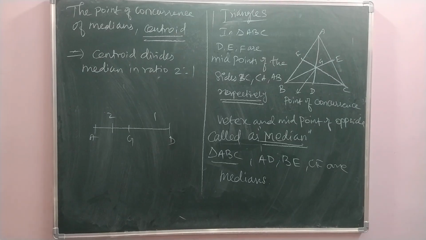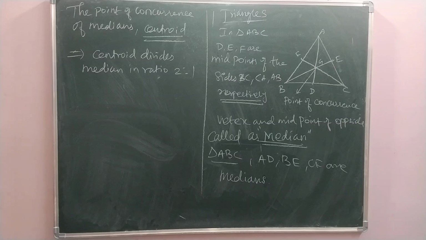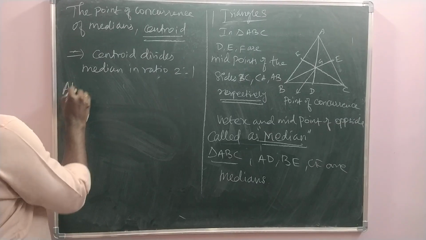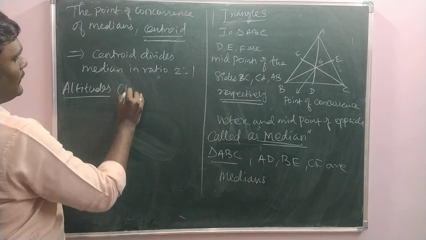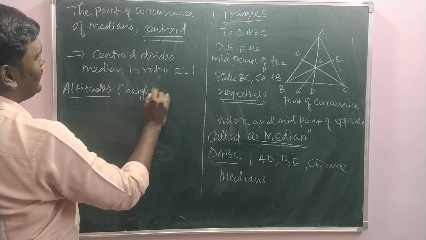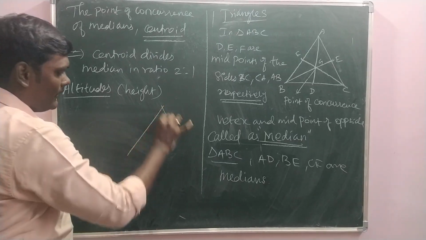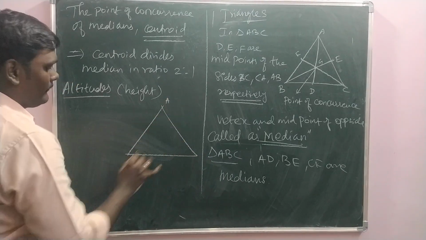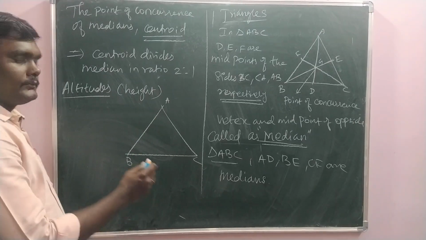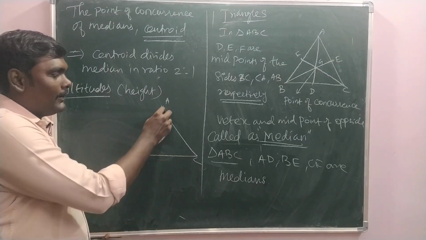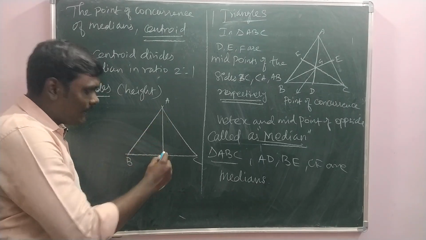Likewise, altitudes, or sometimes we may refer to it as the height of the triangle. Consider a triangle ABC. In the triangle, the perpendicular line drawn from a vertex to the opposite side.